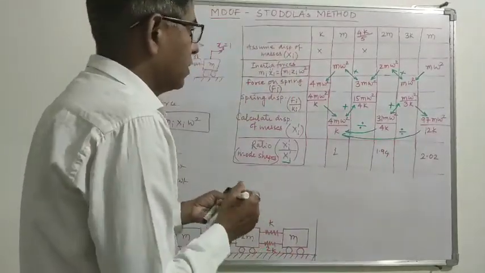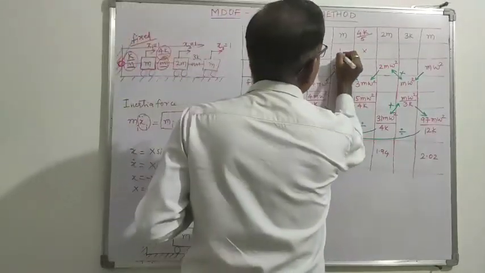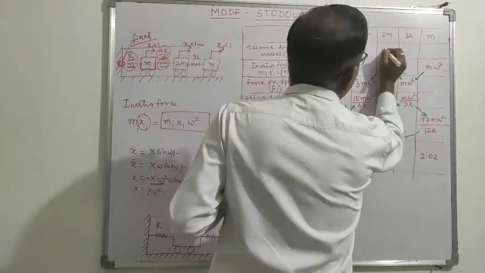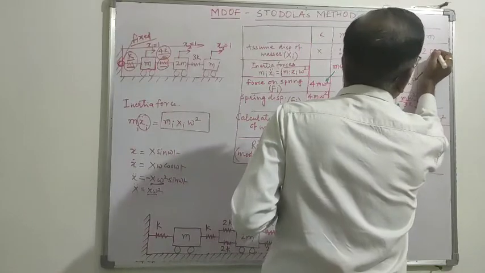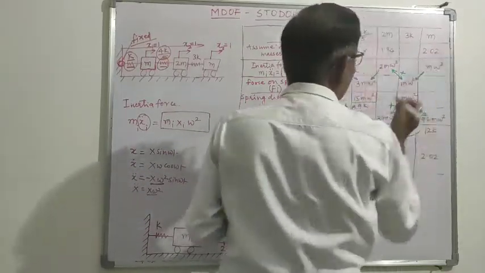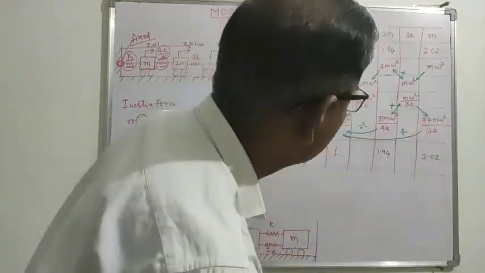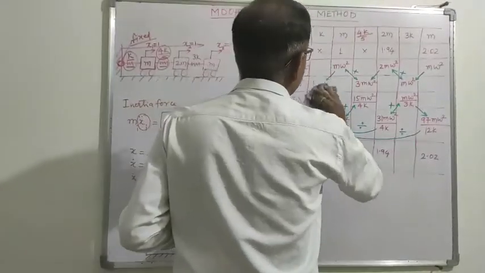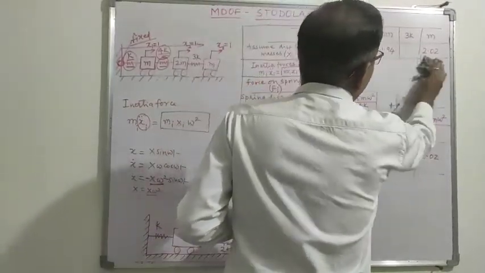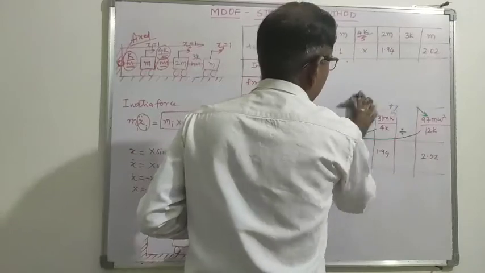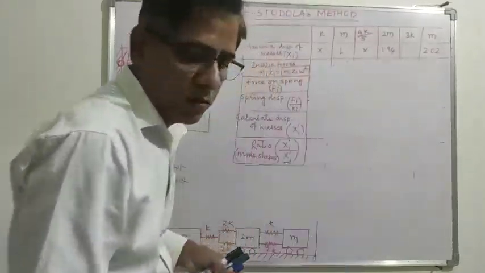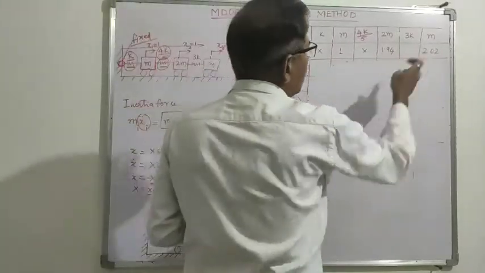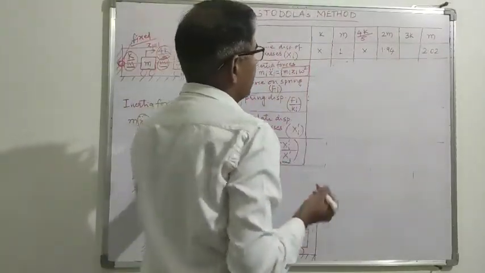This is 1, 1.94 and 2.02. So these will be the new values for the second iteration.